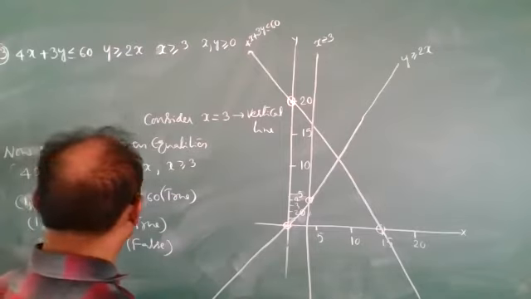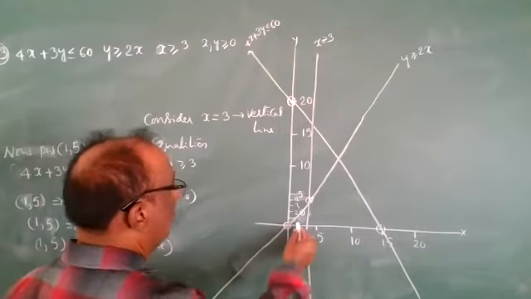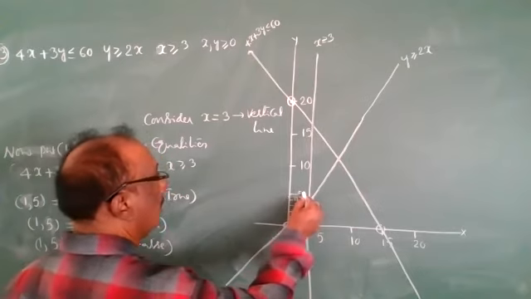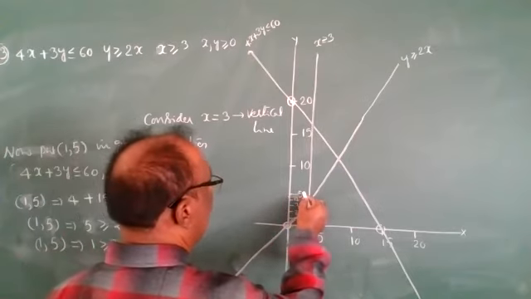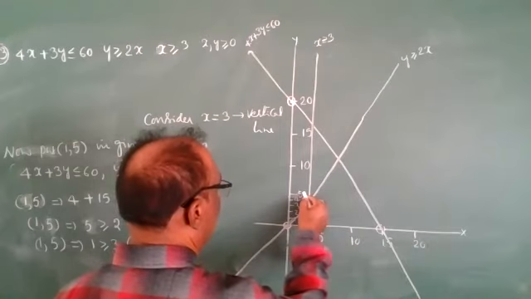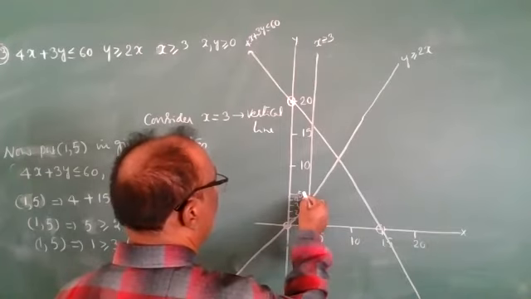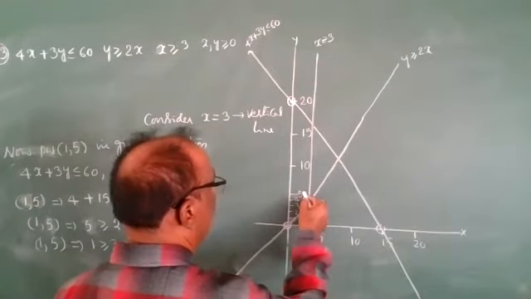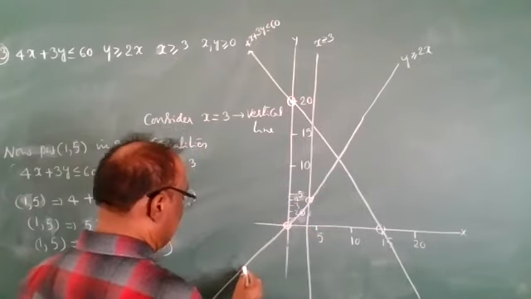Now on the point side, 1, 5 is on the same side as this line, and on the opposite side of the other.